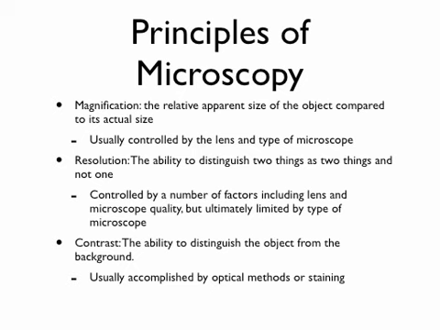This is controlled by a bunch of different factors. Some of them, like the lens quality, better lenses are going to have better resolution. Better light sources are going to have better resolution. Better microscopes, better put together microscopes that are more stable.